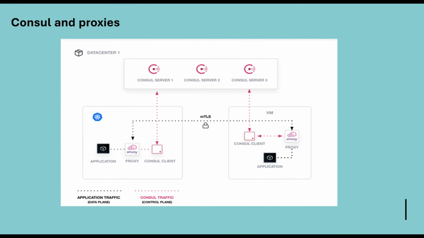Then we understood Consul, how the Consul Server works and what its architecture is, and how the Consul Agent is different from the Consul Server. Finally we understood the complete overview of Consul, where we have seen how the Consul Server, client, proxy and applications talk to each other, and how this entire process takes place.